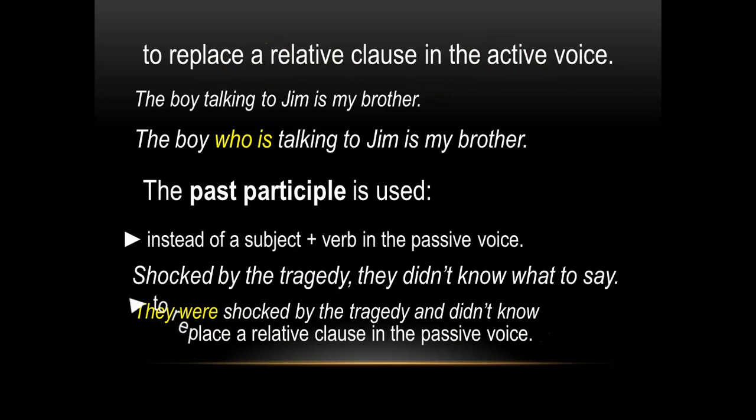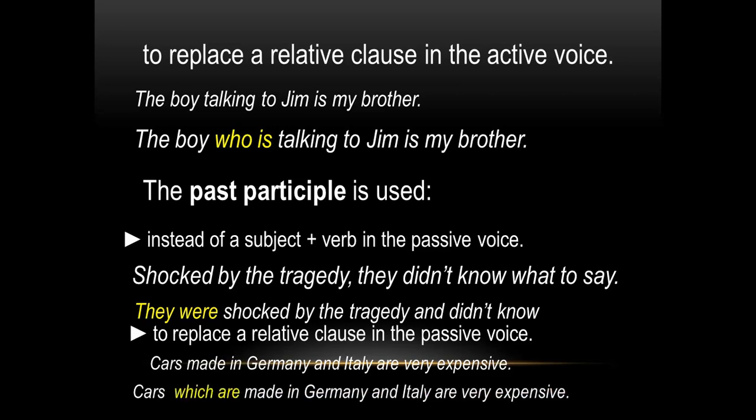For example, على سبيل المثال, cars made in Germany and Italy are very expensive. أصل الجملة إيه؟ Cars which are made. برضو هنا جملة موصولة بس دي في حالة الباسيف، المبني للمجهول. شلت which وشلت are.